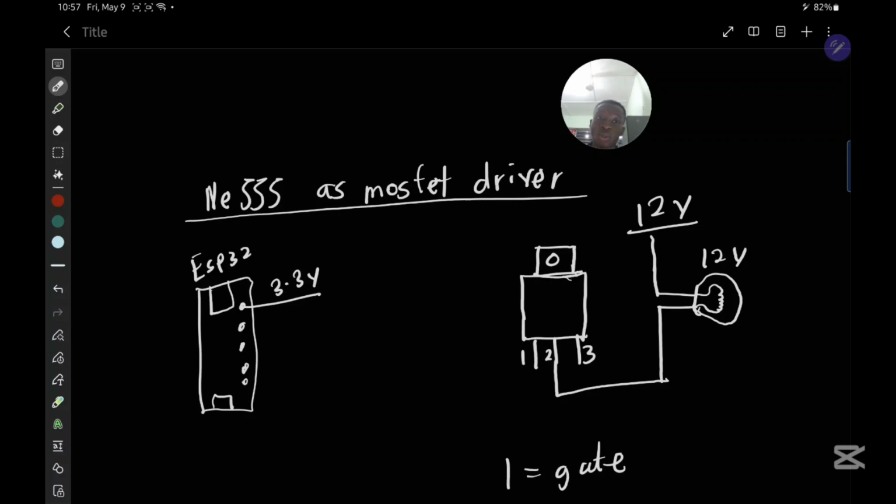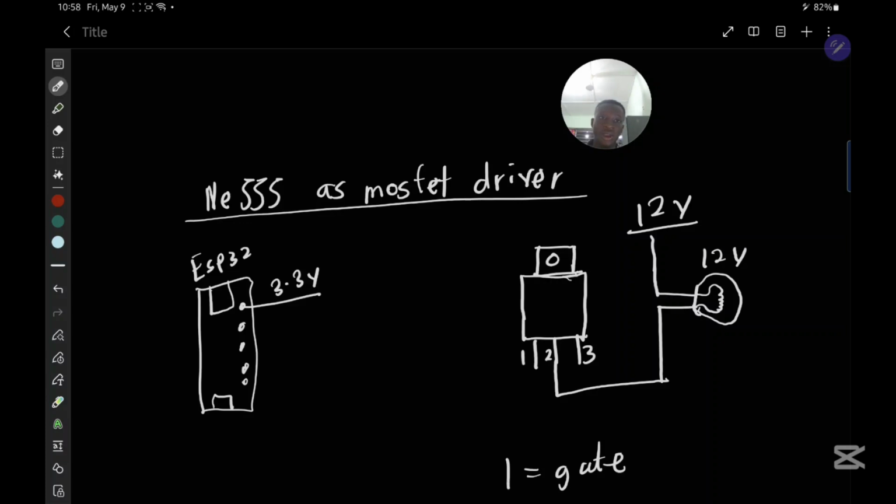This is the case for most MOSFETs that are not logic level MOSFETs, because there are logic level MOSFETs that can run at 3.3 volts and not have any problems. There are a lot of them out there that will run at 3.3 volts. Those are logic level MOSFETs, but those ones are more expensive, and they are not even as efficient as normal MOSFETs.